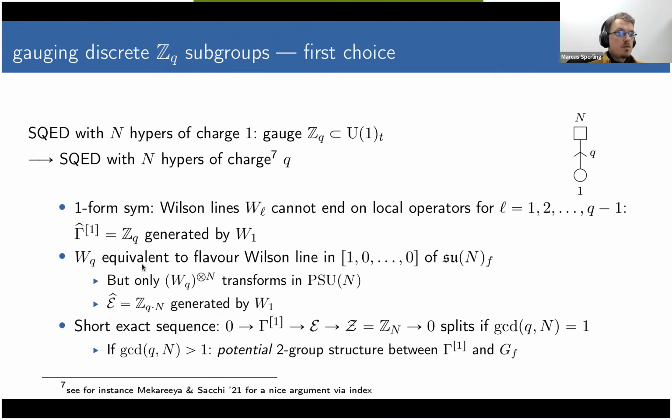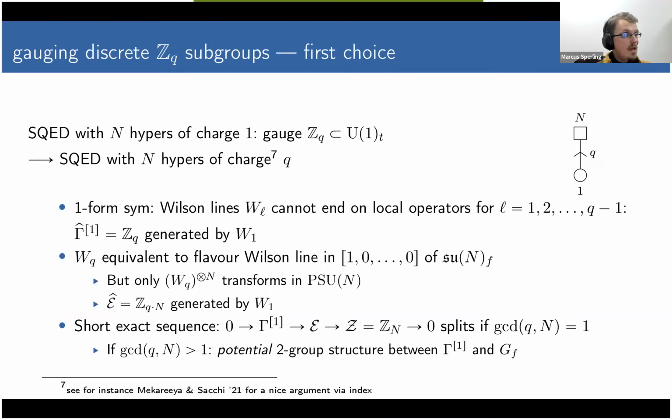For the flavor symmetry, not much has changed in terms of thinking about background flavor Wilson lines, but now we can also think about combining the line defects together with the flavor symmetry. And then we see that the charge Q Wilson line can end on, of course, the charge Q hyper or the corresponding chiral. But again, it would be equivalent to a flavor Wilson line in a representation which is not permitted in PSU(n).